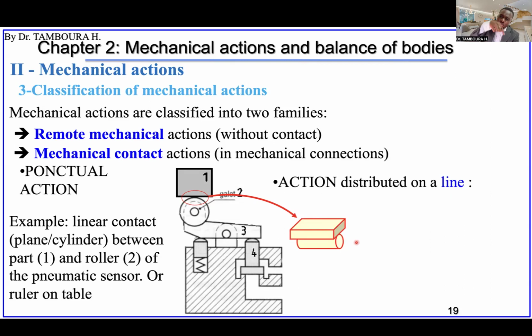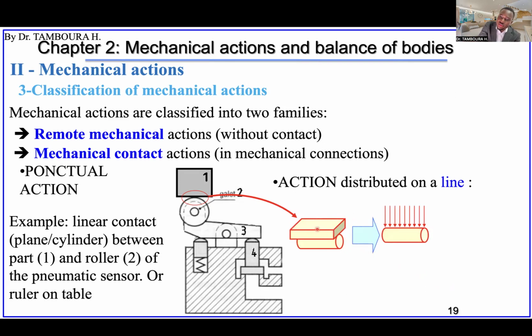So it means many points of contact following this line. It will be something like this, as you can see on the cylinder.